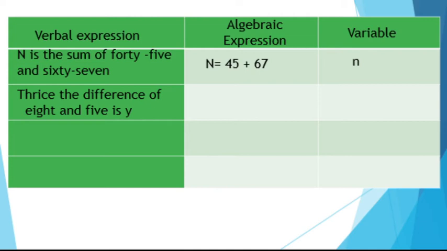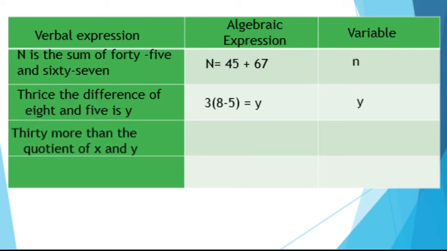Next, you have thrice the difference of 8 and 5 is y. So that is 3 quantity 8 minus 5 close equals y. And the variable is y.